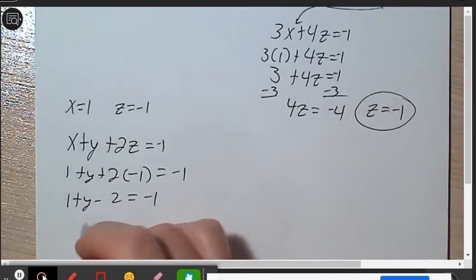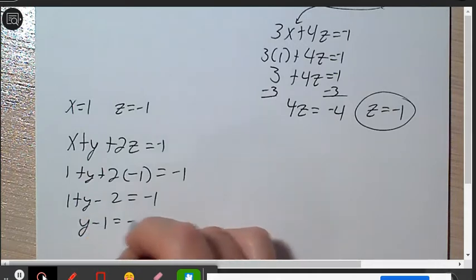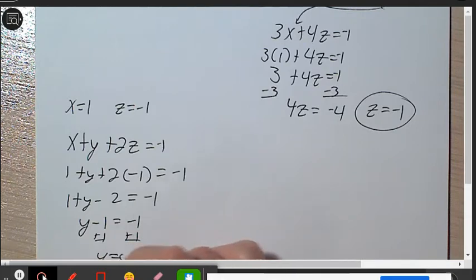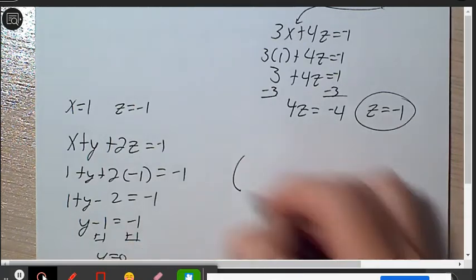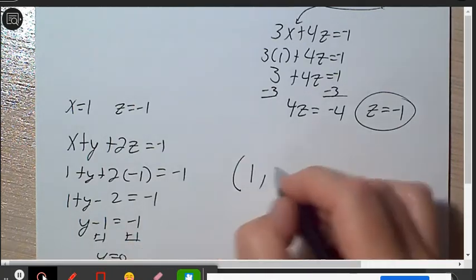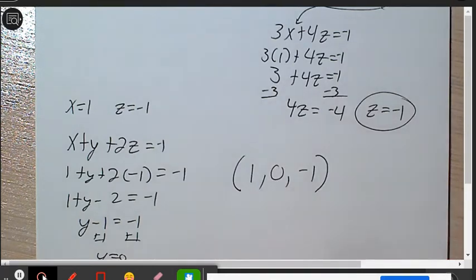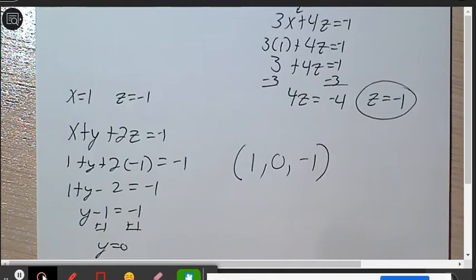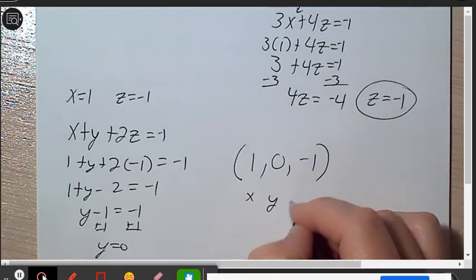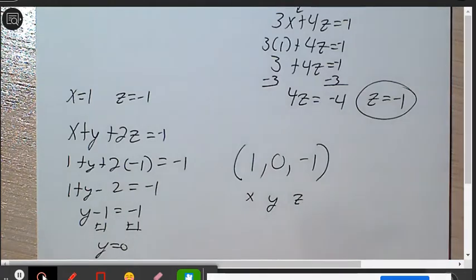We've got 1 minus 2, so that's negative 1. Add 1 to both sides, so we get y is equal to 0. Okay, so the final answer in ordered triple, because we've got 3 different values here, would be 1, 0, negative 1. And that's in x, y, z order.